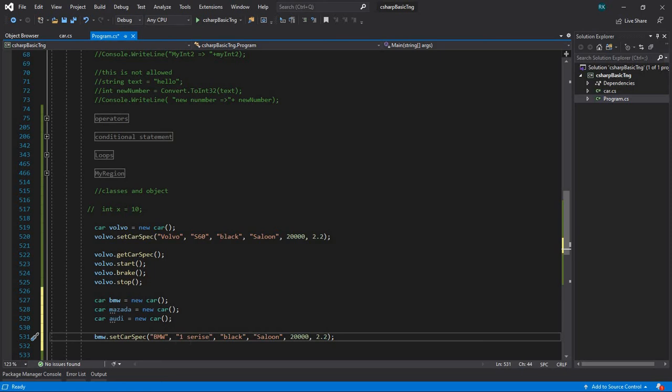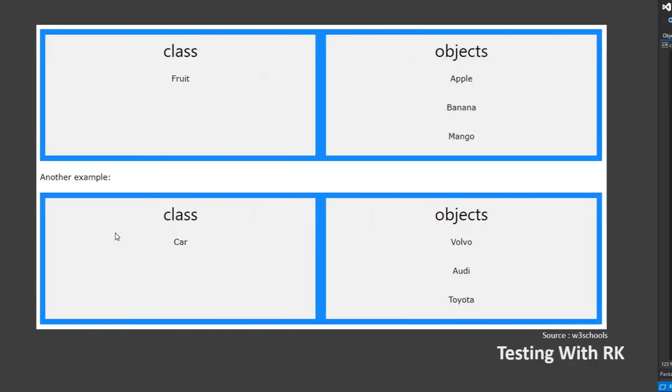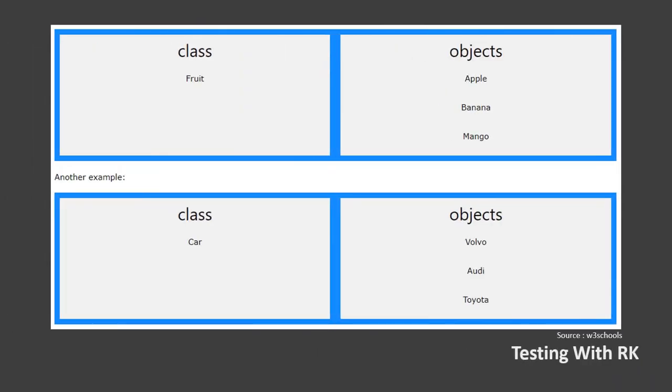If I change any of the values of this particular BMW, it will not affect the Volvo. They are totally two different objects altogether.